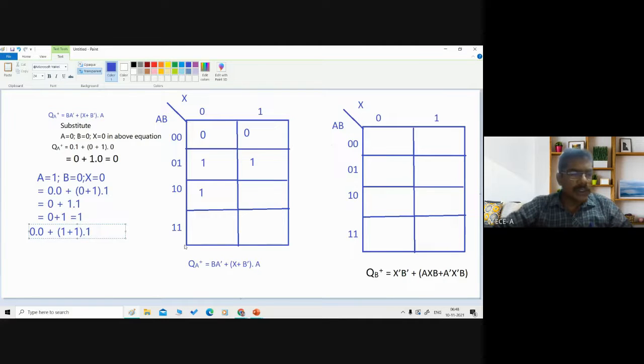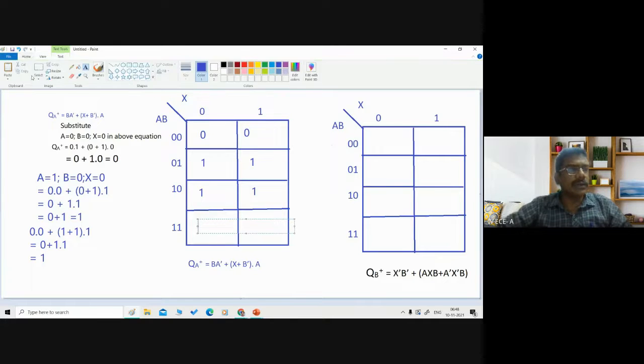So the answer is 0 plus 1 into 1, which is equal to 1. So here also I will get 1. Now for the case A equal to 1, B equal to 1, and X equal to 0, we substitute this value.